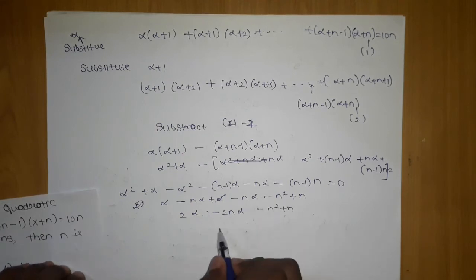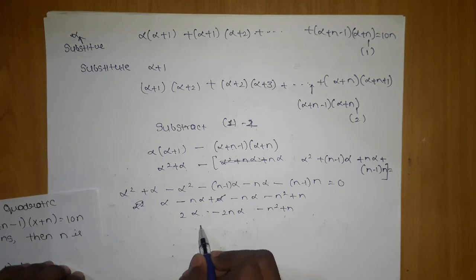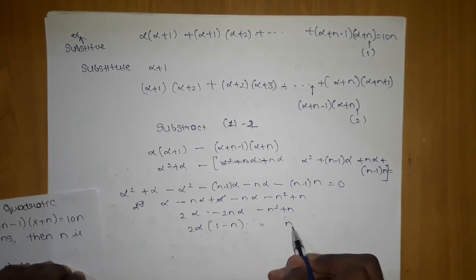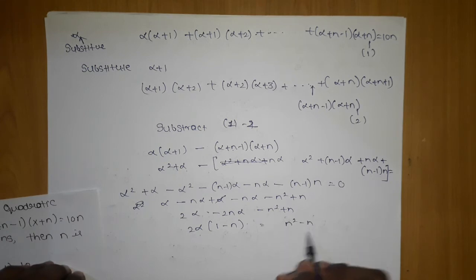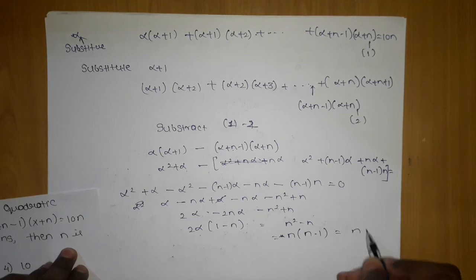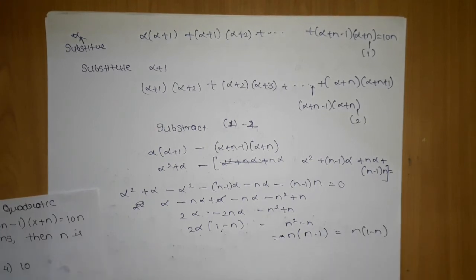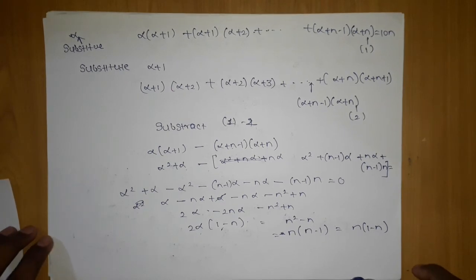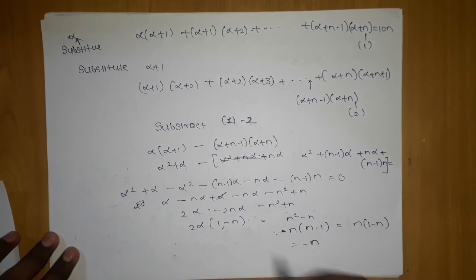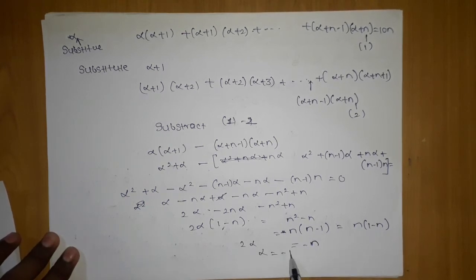If I move it that side, and take 2 alpha common, I have 1 minus n, and here I have n square minus n. If I take n common, I will be left with n minus 1, and taking minus outside, I will be left with 1 minus n. So this and this will cancel out, and we will be left with minus n by 2 alpha. Alpha we are getting as minus n by 2.